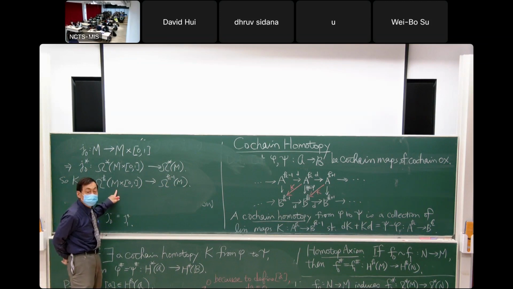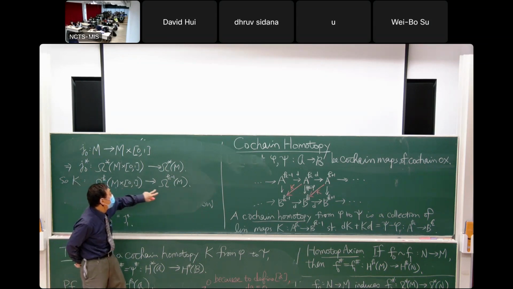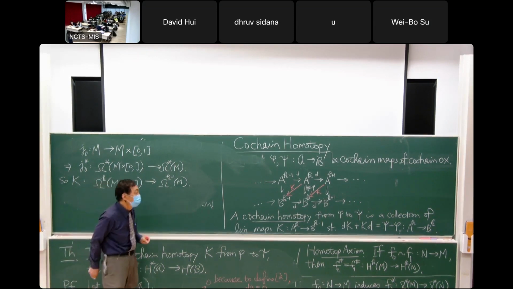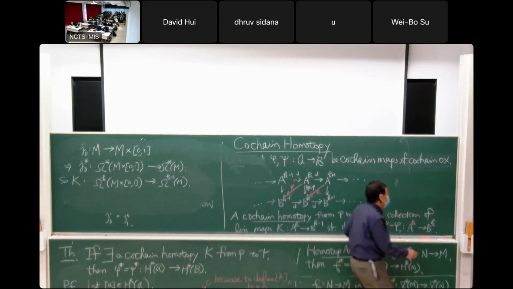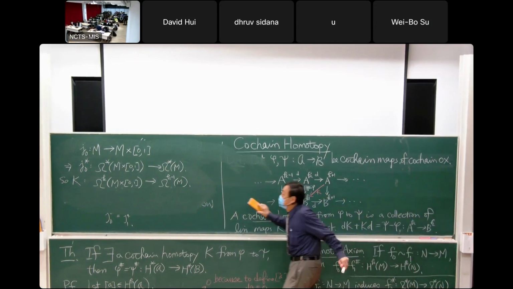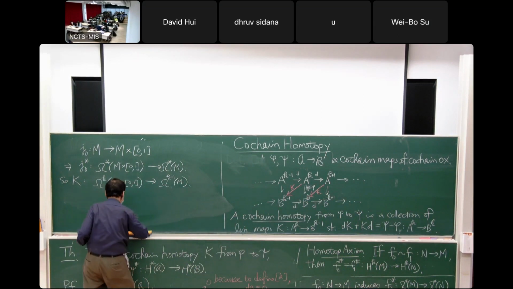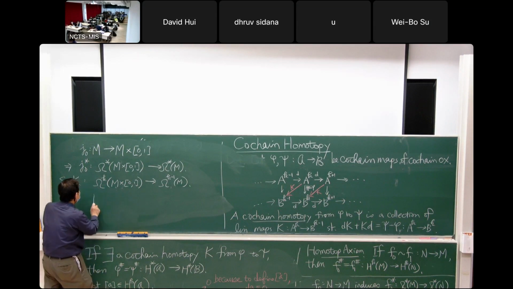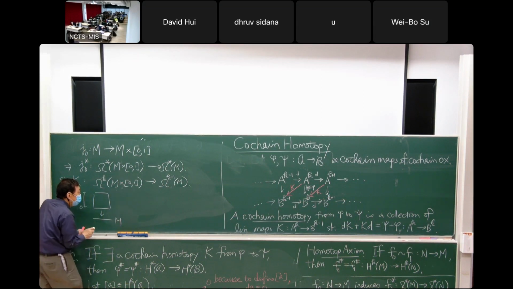There is a natural map that goes from a form on this to a form here that decreases the degree by 1. And what is it? Well, what you have here is a product of M with the unit interval.